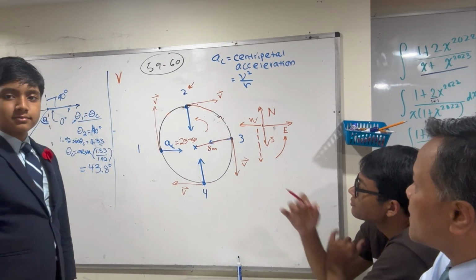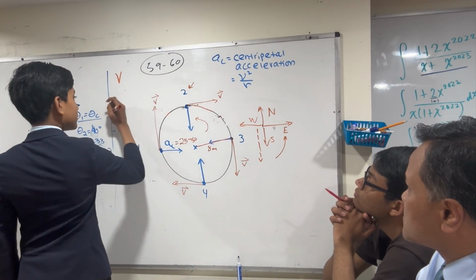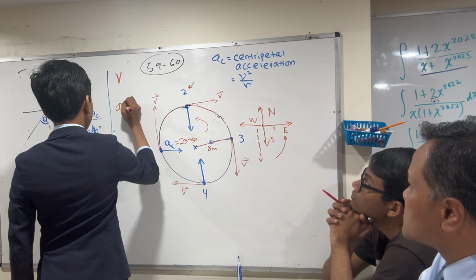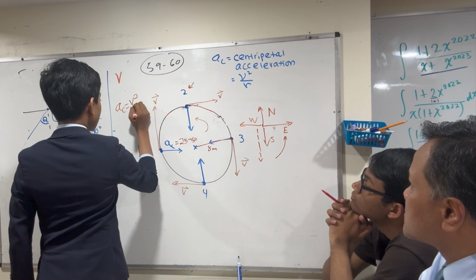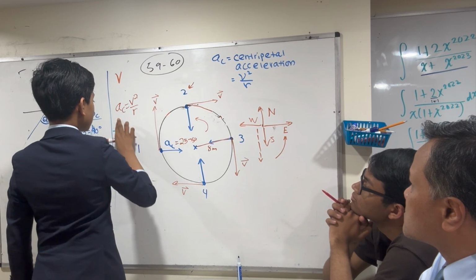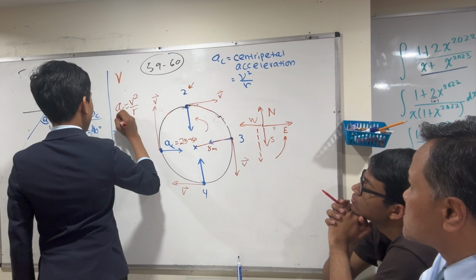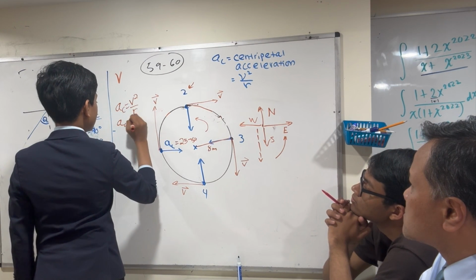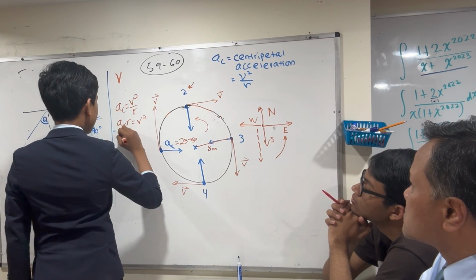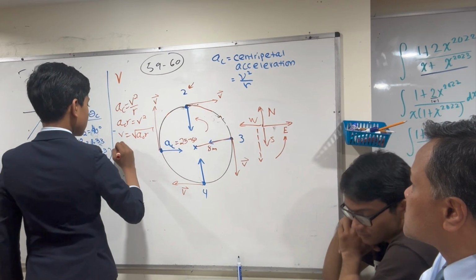All right, very good. And now find the magnitude. Finding the magnitude, just using this equation that Refast wrote earlier, we get v squared over r, which is equal to the centripetal acceleration. We're trying to find the velocity, right? So let's just rearrange this equation to get v is the square root of a_c times r.